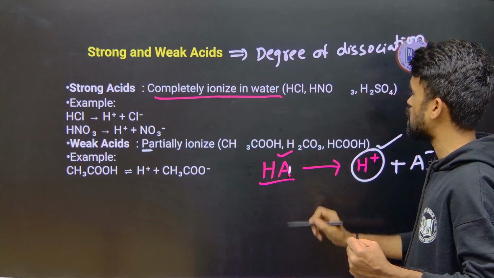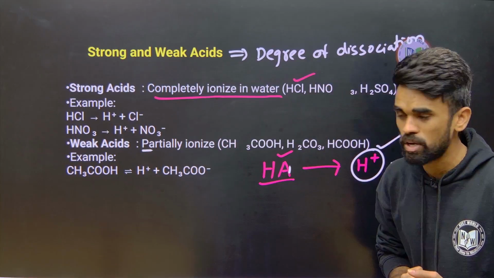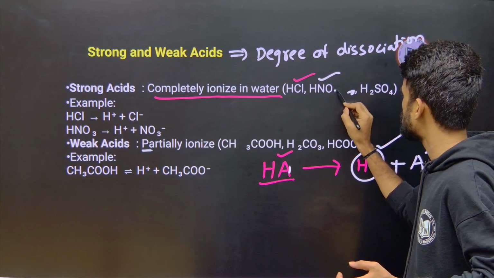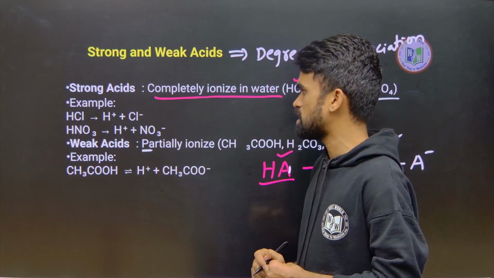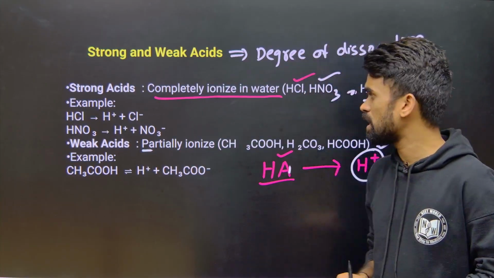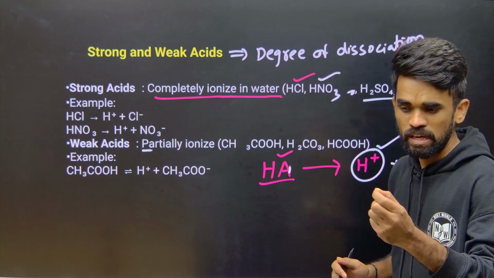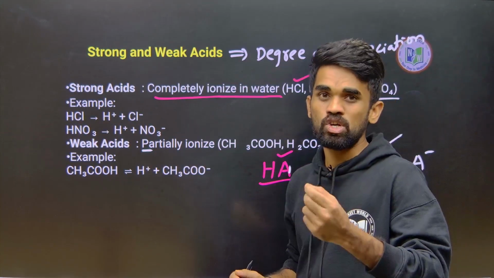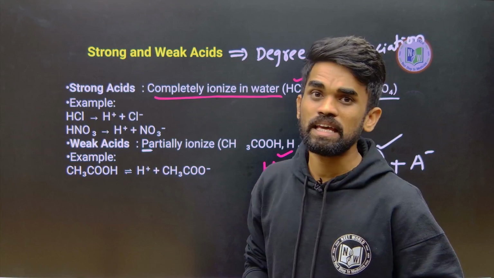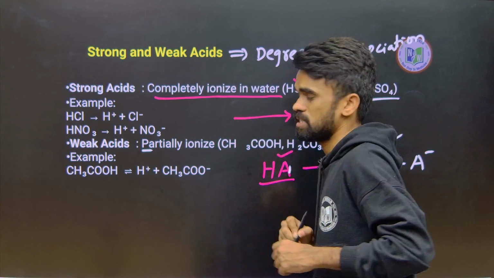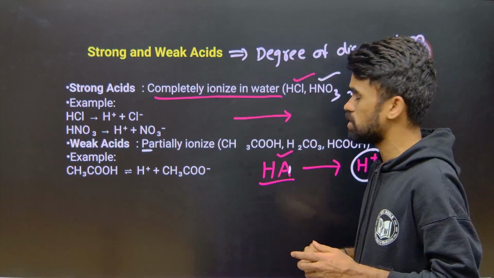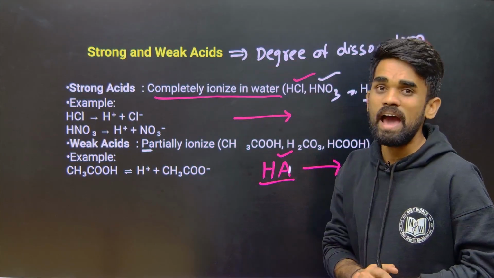What examples do we have? HCl is a strong acid, HNO3 is a strong acid, and sulfuric acid is also a strong acid. These are the best examples. Whenever we say strong acids, I am using a generalized word, strong electrolyte. For a strong electrolyte, we indicate a complete arrow, which means it completely dissociates, completely ionizes in the aqueous medium.